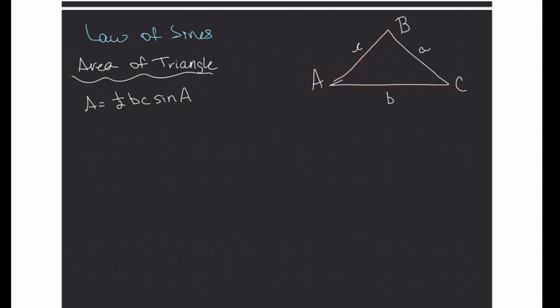If they're talking about angle B, the two rays that make up that angle are C and A. If we're talking about angle C, it's side A and side B.